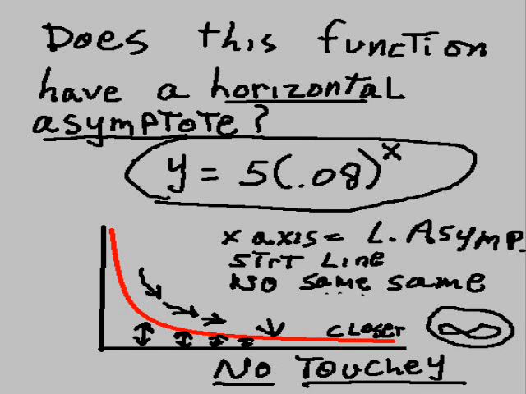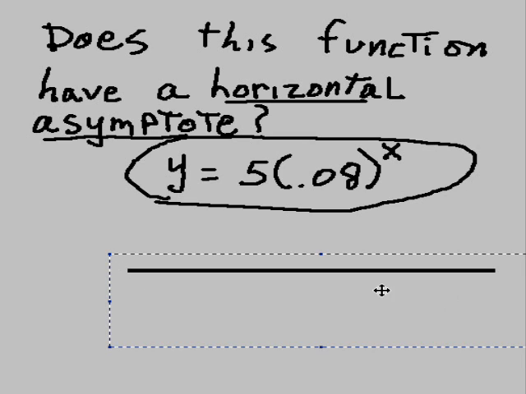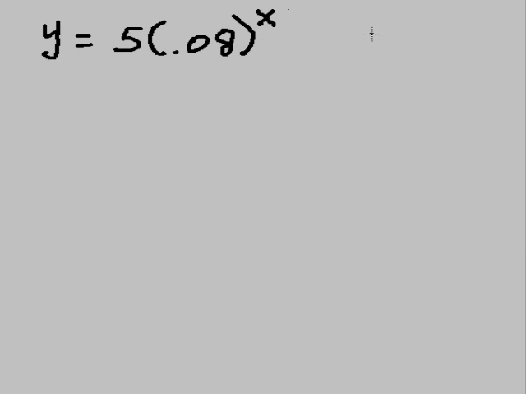Okay, now let's go back to our problem. Does this function have a horizontal asymptote? Does it have an asymptote that's horizontal to it? Well, let's find out algebraically. This guy has two parts.